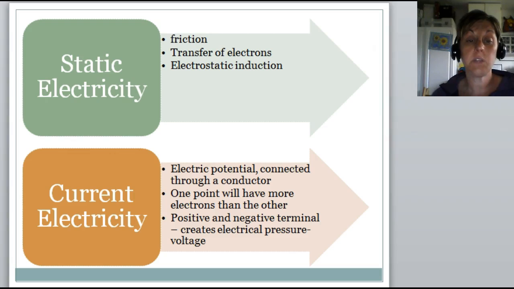Current electricity, which will be covered in a different lesson, is the electric potential, where there are two points connected through a conductor. One point will have more electrons than the second point, and there's a positive terminal and a negative terminal, and that creates electric pressure, which we call voltage.